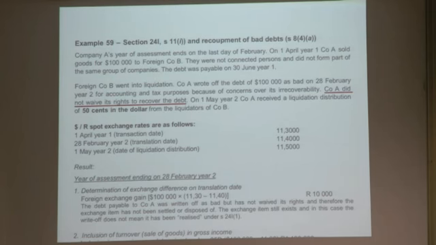Now the company went into liquidation. Company A wrote off the debt as bad at the end of February. So that is my year end, which is my translation date. They wrote it off for accounting and tax purposes because of concerns over its irrecoverability. Company A did not waive its right to recover the debt.